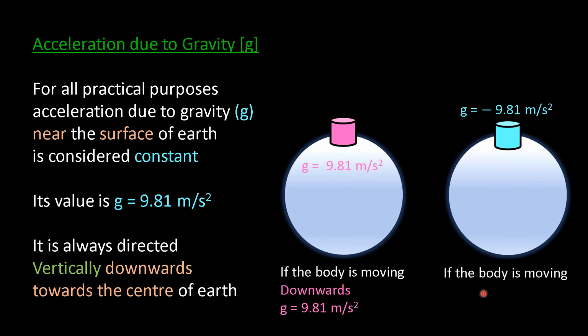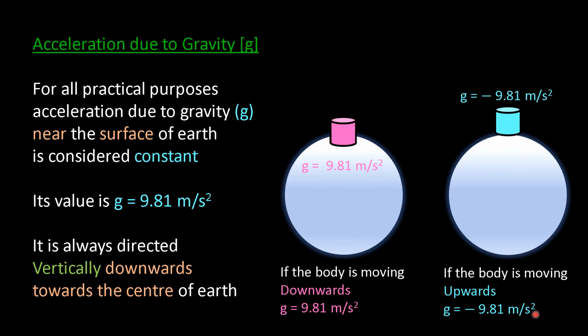And if the body is moving vertically upwards, then the value of g is considered as negative, that is minus 9.81 meter per second square. So like this, the body is moving upwards against the force of gravity. So in this case, the value of g is considered negative.